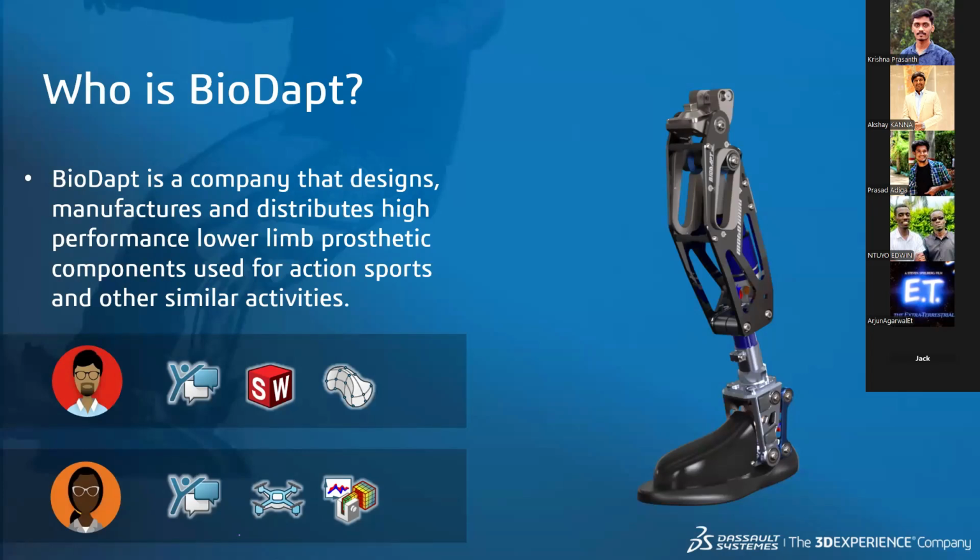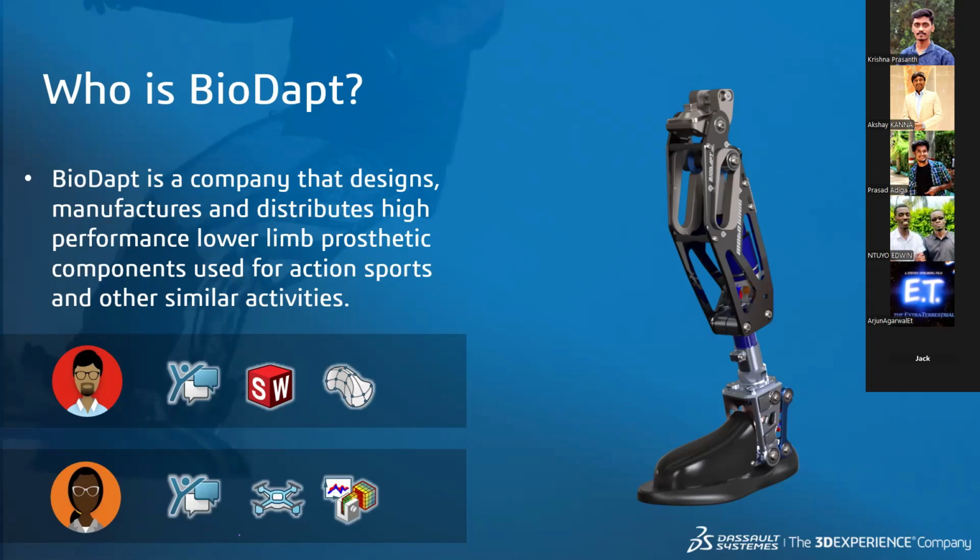The company is also a major help for Paralympics athletes, which is like the Olympics for all the people who need support. They use BioAdapt legs as prosthetics so they can compete. So they are basically a support structure designing company.